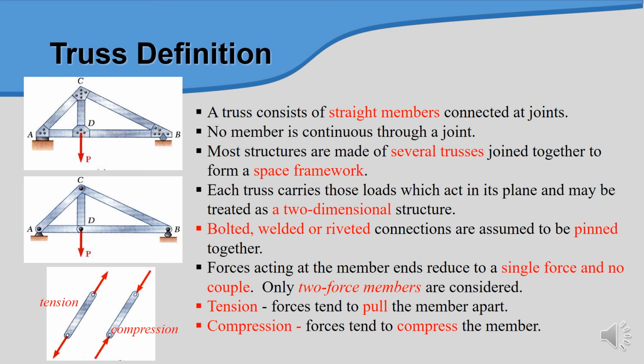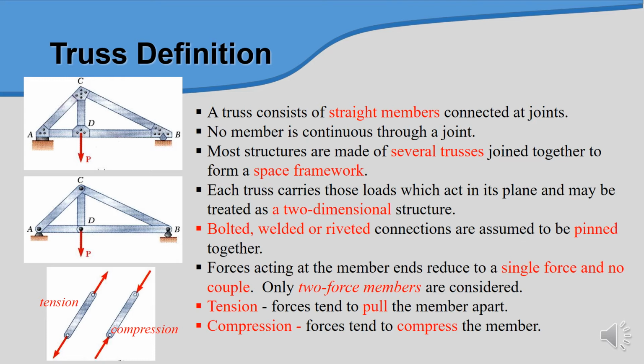Okay, a truss consists of straight members connecting a joint. Okay, we can see from this diagram, we have joint A, joint C, joint B, joint D. Okay, no member is continuous through a joint. Most structures are made of several trusses joined together to form a space framework.